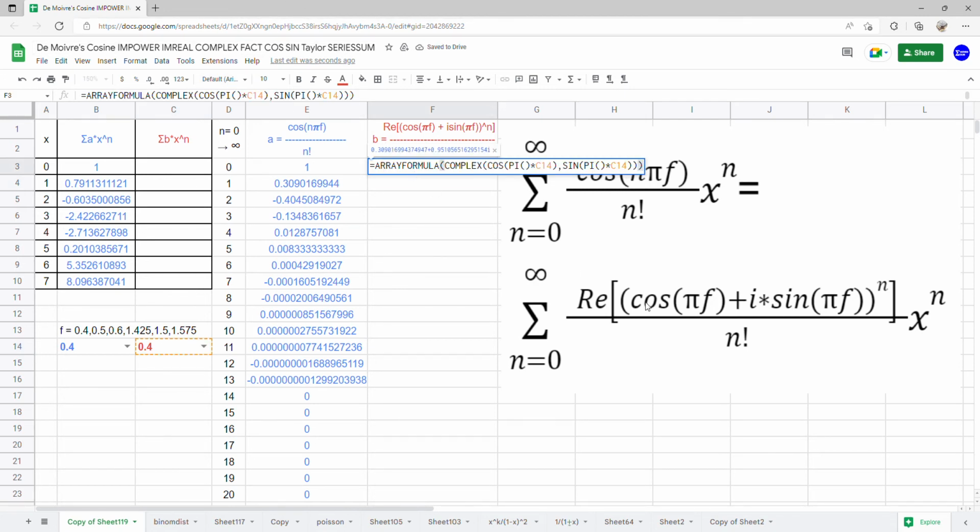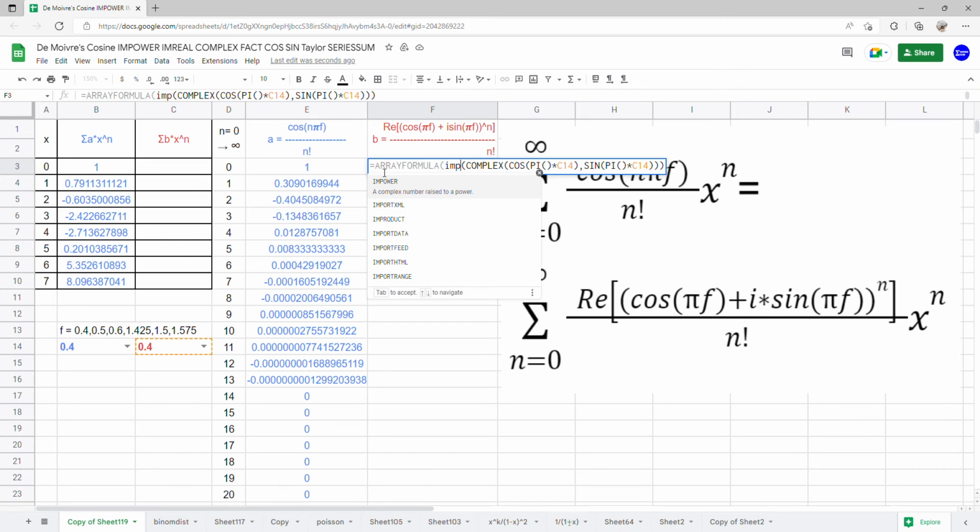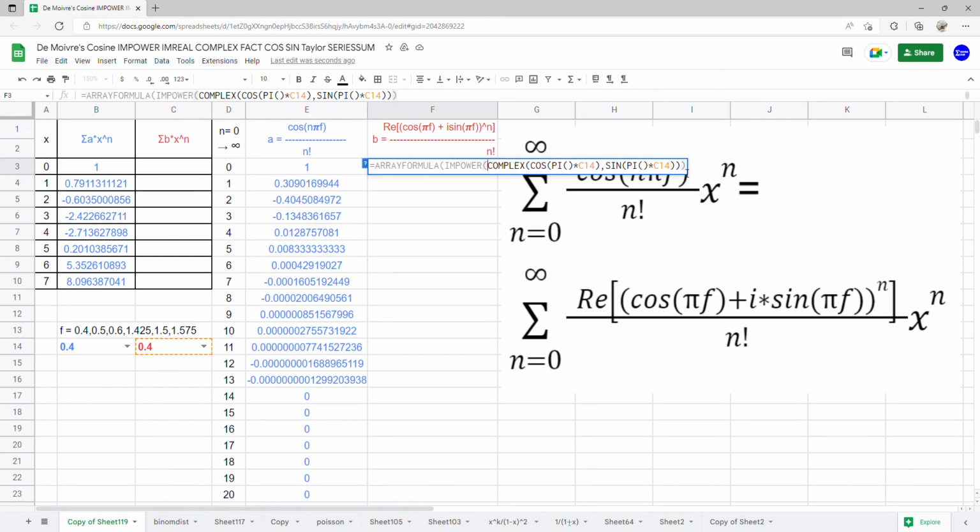And this is raised to the power n. So IMPOWER, comma, raised to the power n.